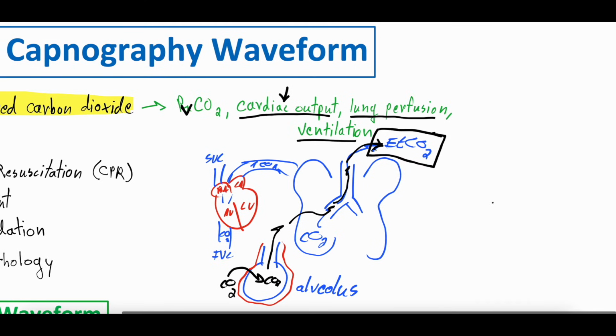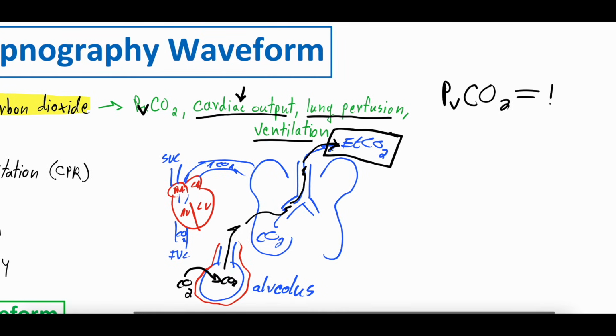So if we were to scroll over the PV, let's just say the PVCO2, the amount of CO2 in the venous circulation, which is very similar to the amount of CO2 in the arterial circulation. But in a perfect world, this would be about equal to the end tidal CO2.